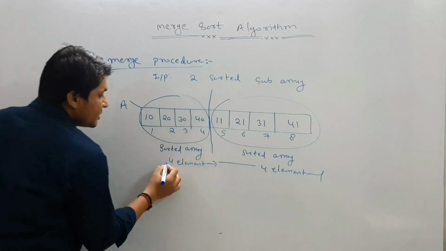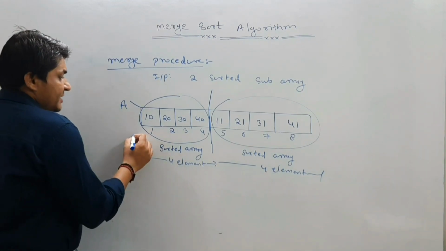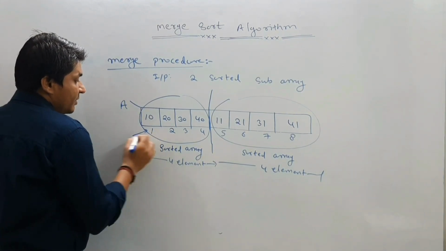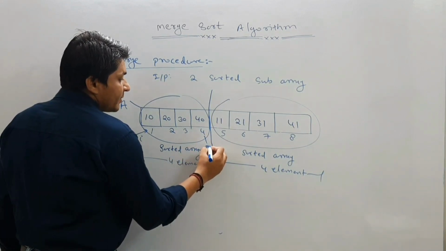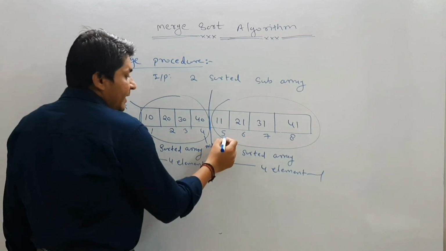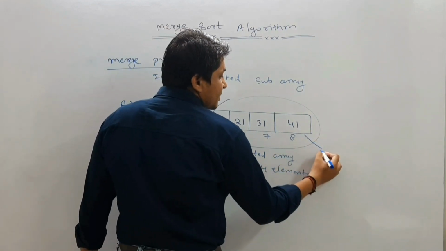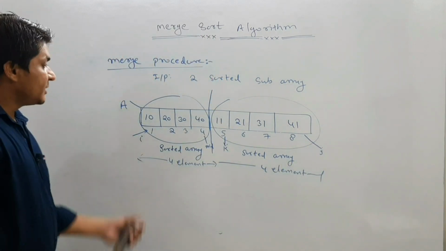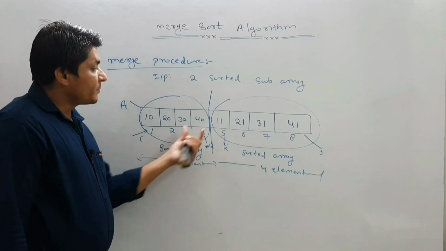So how to merge these two sorted subarrays? Let's suppose i is the index which is pointing to the index number 1, and let's say this is mid. Let us assume this is the k variable, and let's say the last index is j.